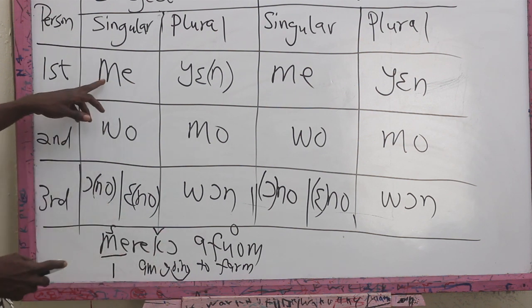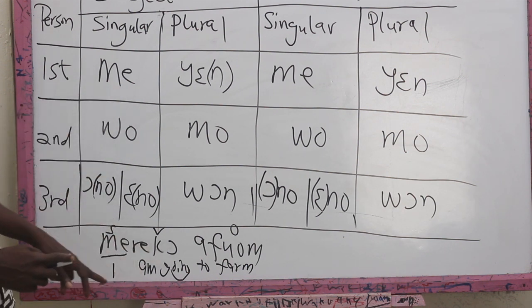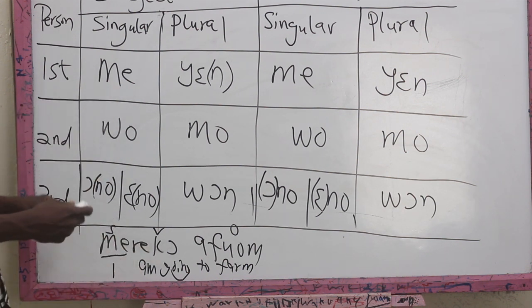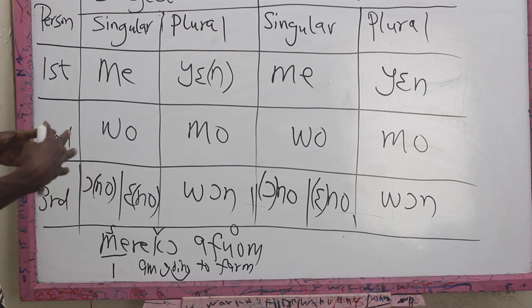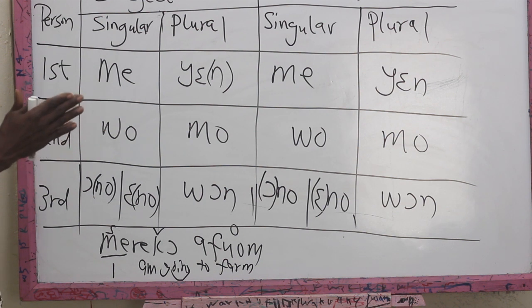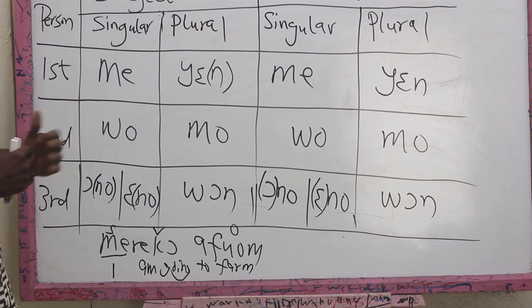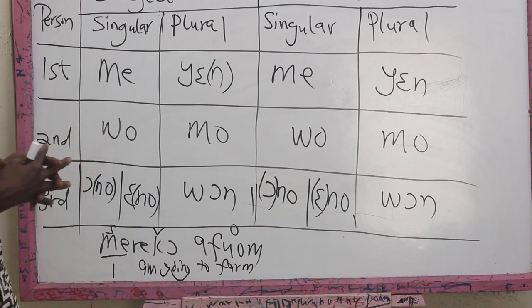Me is the subject and reko is the verb. Remember in Akan Twi, we write the subject pronouns and the verbs together. So anytime in Akan you are writing the pronoun and the verb in the subject case, make sure you put them together.